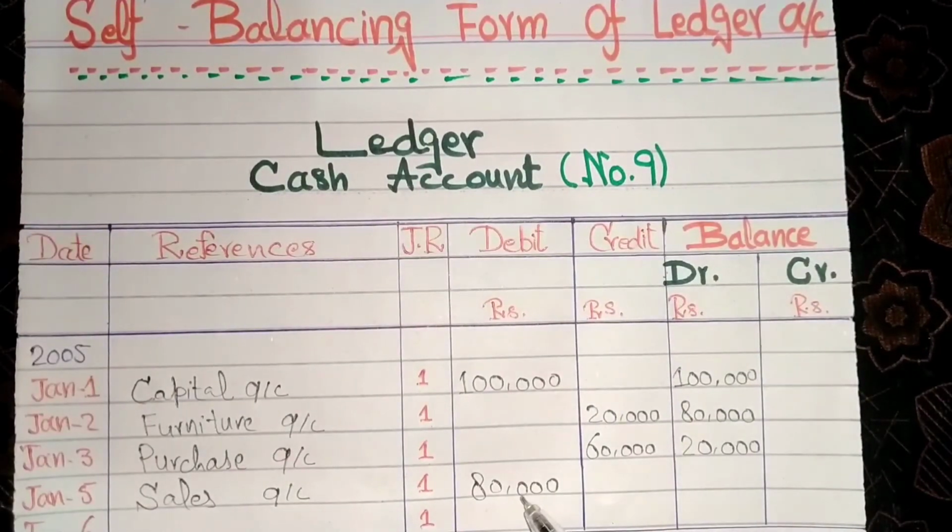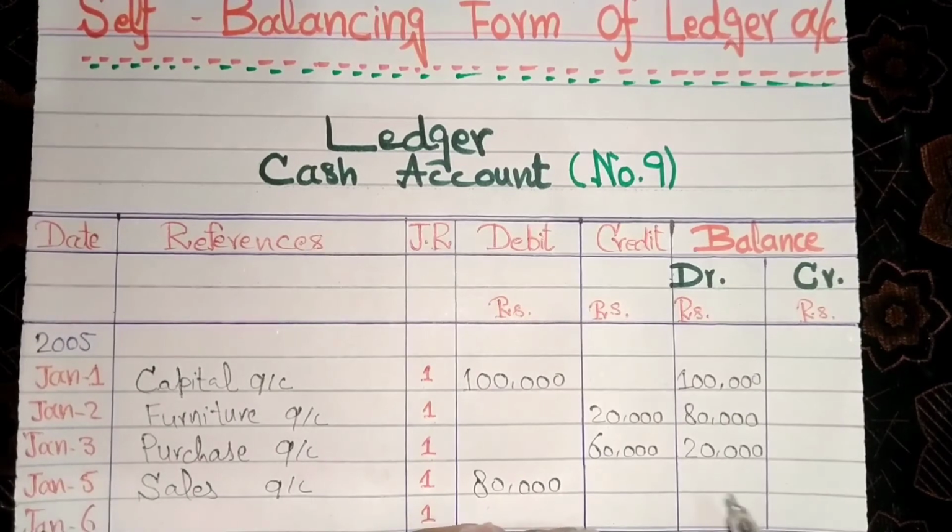So this is a debit balance, and the previous balance is also debit. So we will combine both, and ultimately we have again a debit balance in total, which is 20,000 plus 80,000 rupees, ultimately 100,000 rupees.